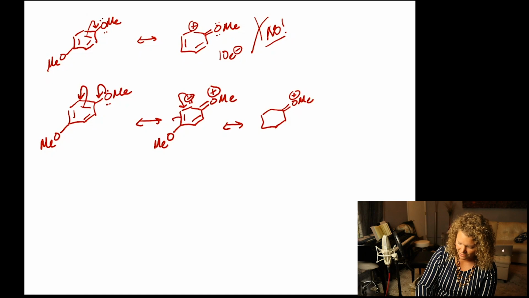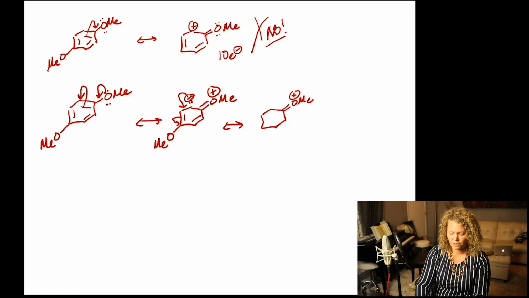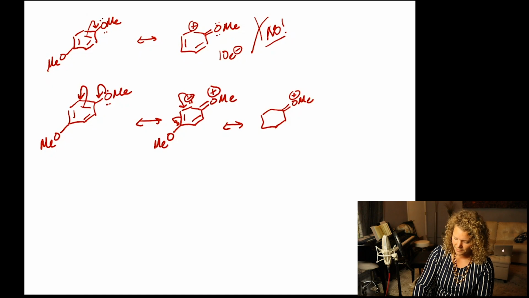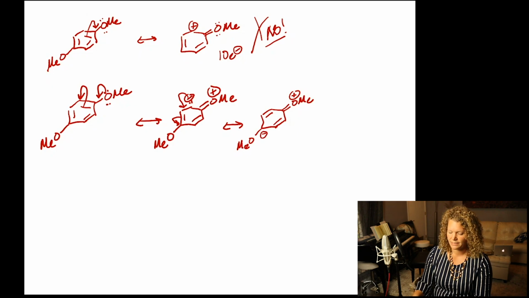Push these electrons down, and then I'm going to put the electrons here on the carbon that's bound to the oxygen. And this double bond didn't move. All right, let's draw one more resonance structure.